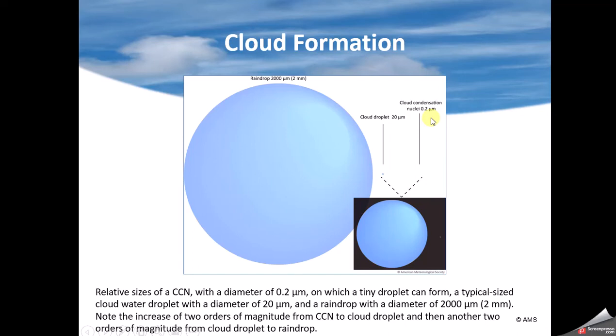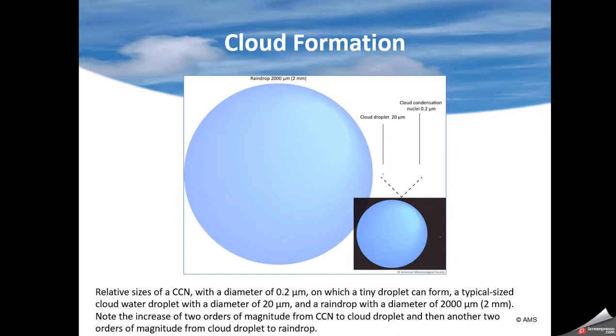The condensation nuclei, that's why you don't see them. They're really tiny. They're dust in the air. The very initial drop is very, very small. Think about how tiny that is. An actual raindrop that you can see is 2,000 microns or 2 millimeters. So each one is two orders of magnitude bigger than the other.